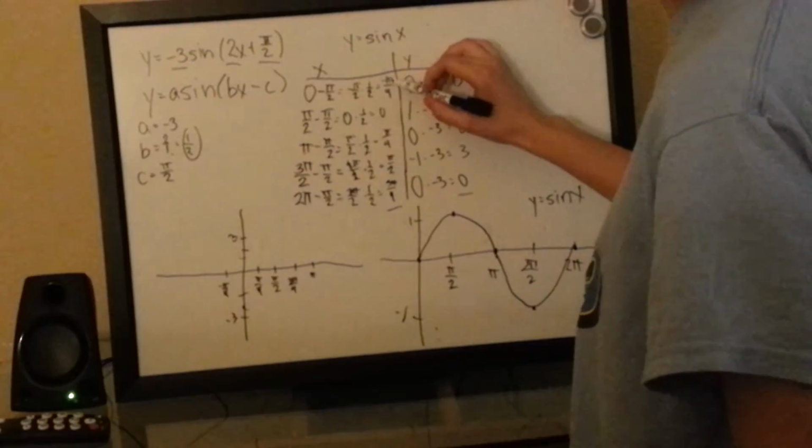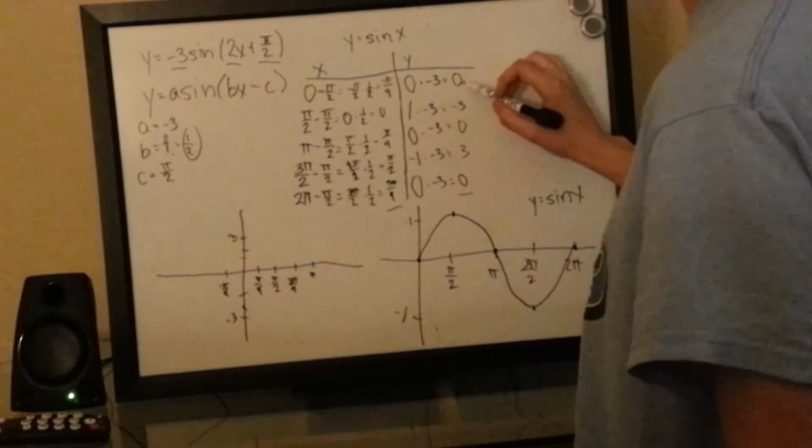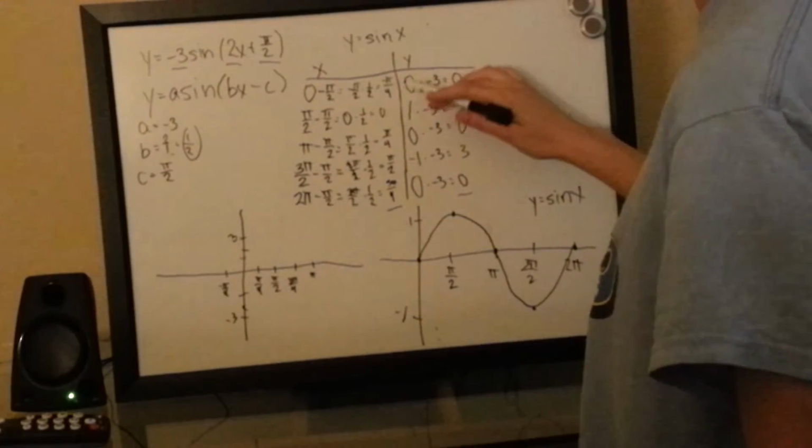The first point is negative pi over 4 and 0.